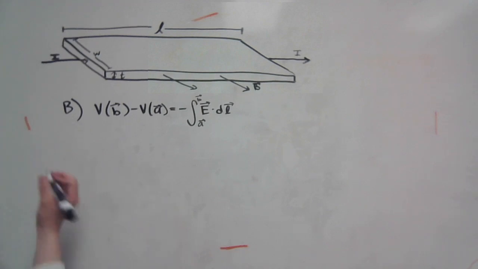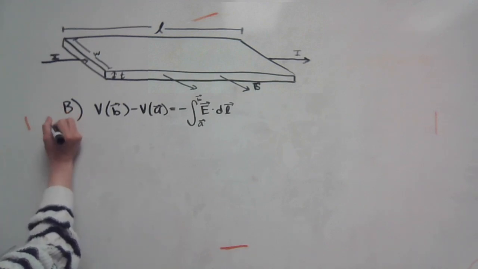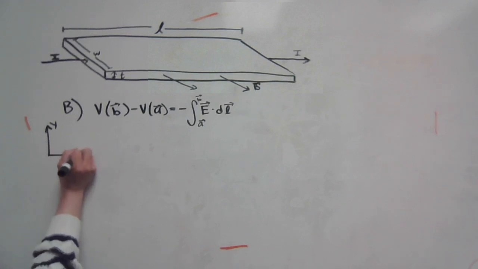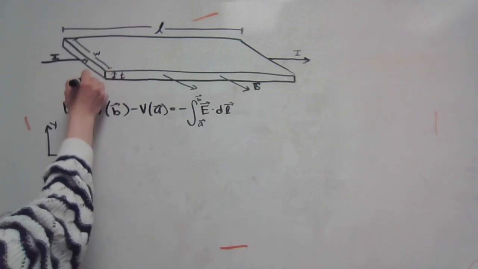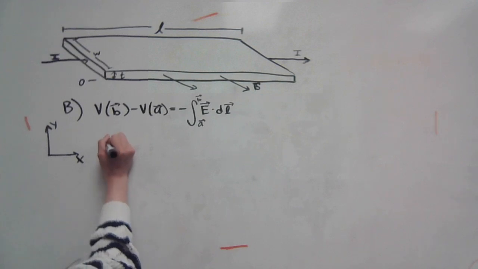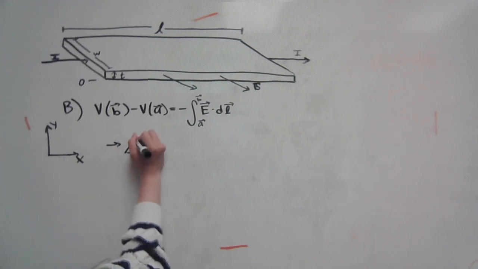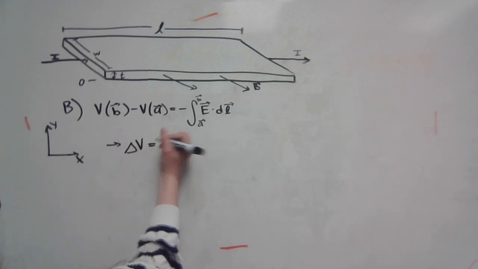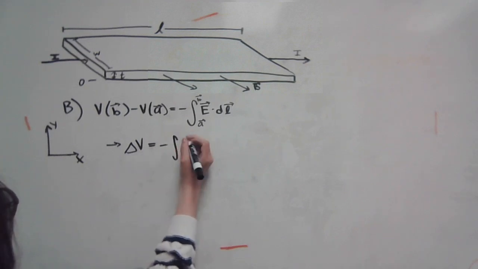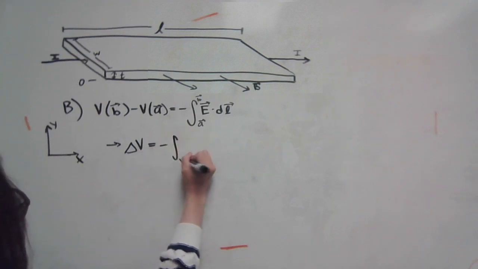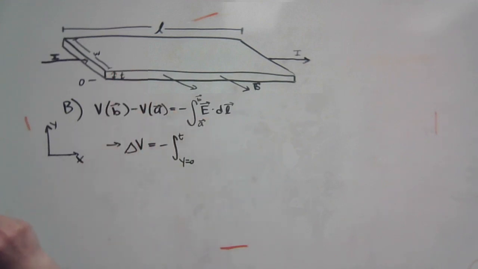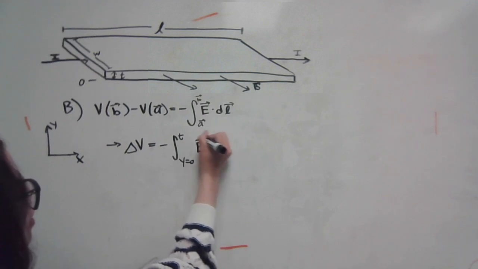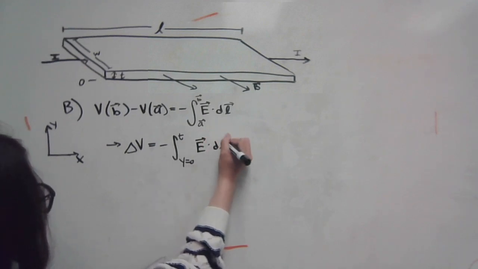So we can take our coordinate system to be y in this direction and x in this direction, and we can set the bottom of the slab equal to 0. Then we would get that delta V would be equal to negative the integral from y equals 0 to t, which is the thickness of the slab that you see there, of E dot dl.